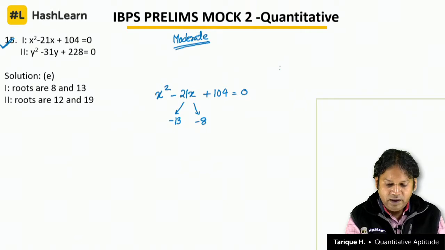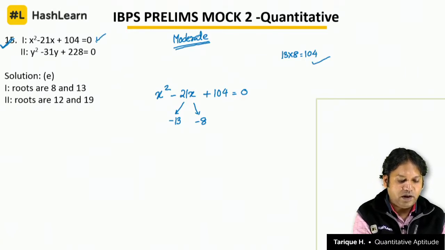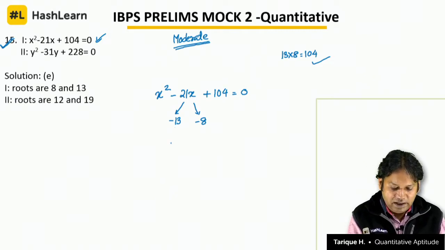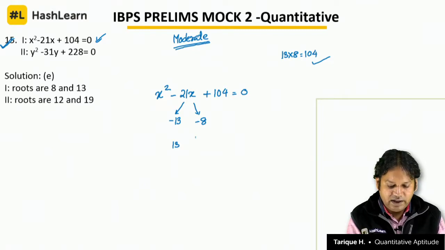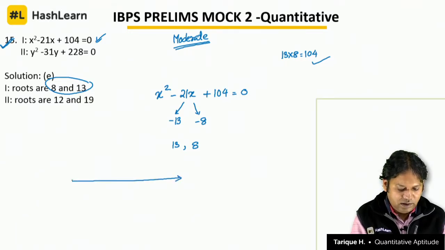Also we know that 13 into 8 is 104, so if I know the multiplication table of 13, finding the roots of the first quadratic equation would take around 5 seconds. Minus 13 becomes plus 13, understand the shortcut technique of finding roots, minus 8 becomes 8. So what are the roots? 8 and 13. Immediately draw a line diagram and write there 8 and 13, these are your values of x.